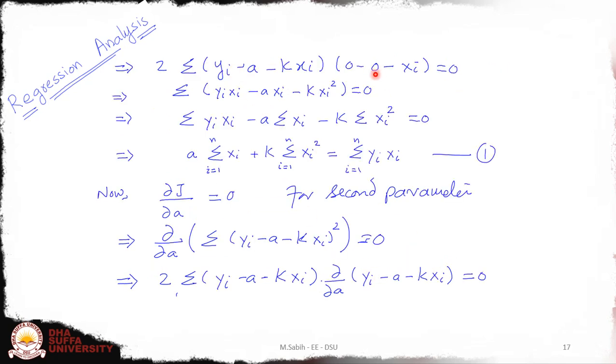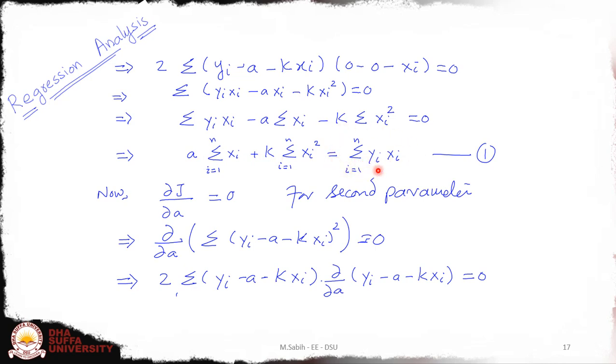We solve it, and finally we have 0 minus xi, then multiply, take the 2 on the other side, and rearrange in a manner so that your unknown parameters, the a and k terms, are on the left side and the rest go on the right side.